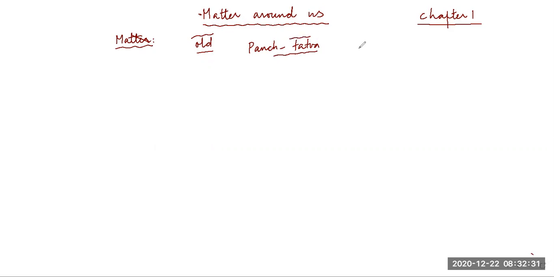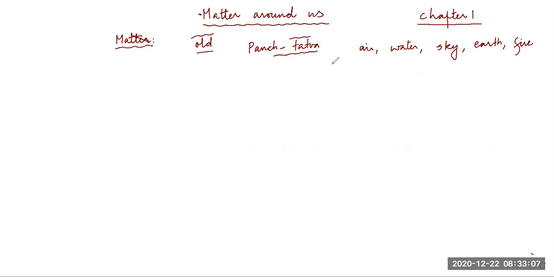So there the matter was all about air, water, then you can say space, or sky, then earth, and anyone remember the fifth one? Air, water, sky, earth, and fire, right? So Jal, Vayu, Agni, Akash, Agni, Pani.